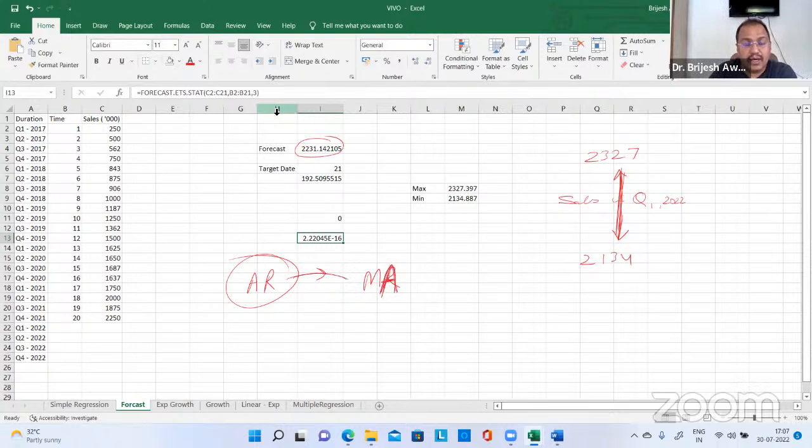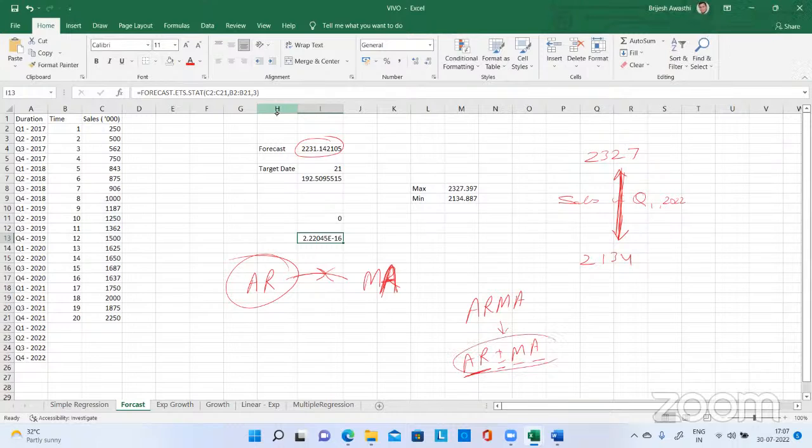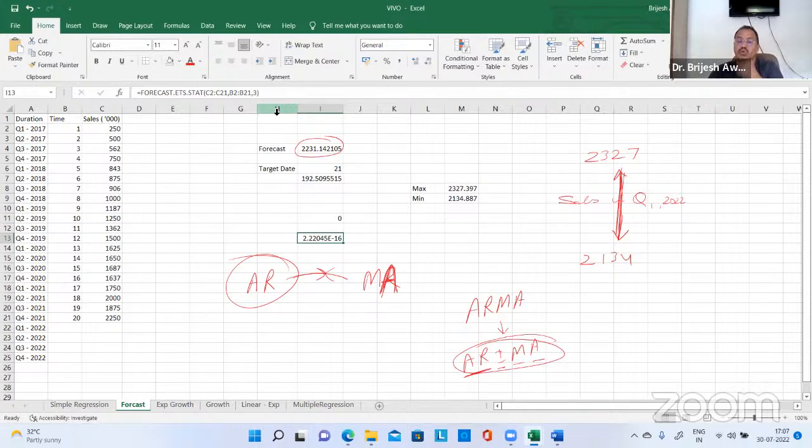Now ARIMA is basically a combination of these two, this is ARMA. Then the next comes ARIMA, auto-regressive integrated moving average. With the help of this, we are going to do forecasting. Again, same thing. It is a more complex method, although it is very effective. The ARIMA model is very effective.